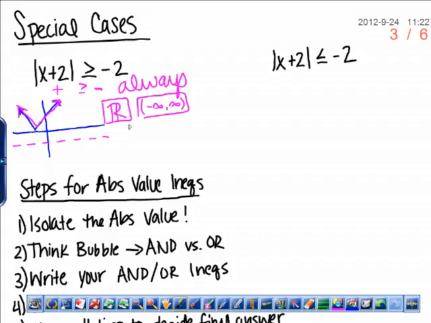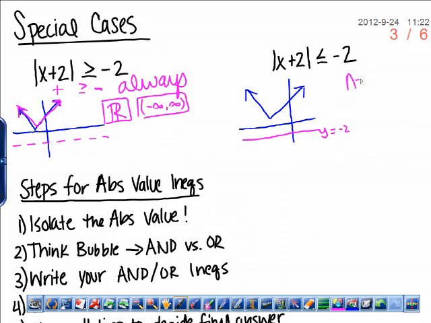What about the flip side? What if we get the absolute value less than a negative? So picture your absolute value graph. I picture my line y equals negative 2. Is this graph ever going to be below my line y equals negative 2?